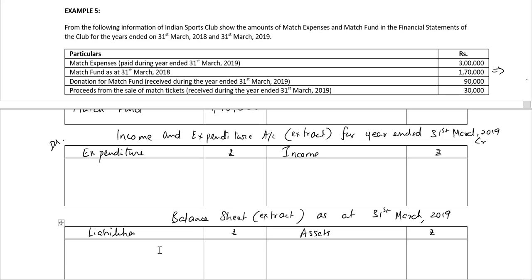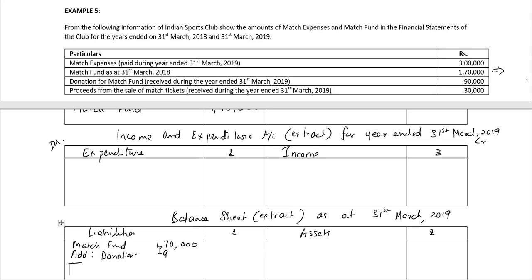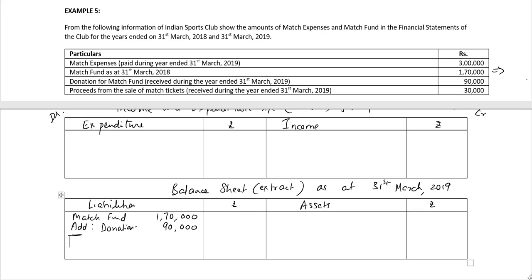The match fund at the beginning of the year was 1,70,000 rupees. You need to add the income towards the fund. The donation amount was 90,000 rupees, and the proceeds from sale of tickets amounted to 30,000 rupees.